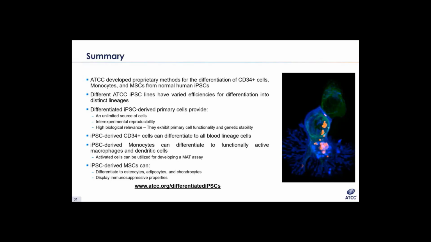Many inflammatory processes are regulated by dendritic cells and macrophages. So you could differentiate the iPSC-derived monocytes into these cells and then use them as controls to look at immunosuppression. But from the other side of things, you could use them to look at the interplay between monocytes or macrophages and T cells and see how it relates to treatments for SARS-CoV-2. And of course, any of these products could be used to test the safety of vaccines or other therapies.